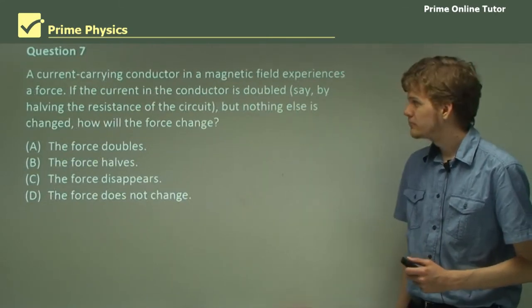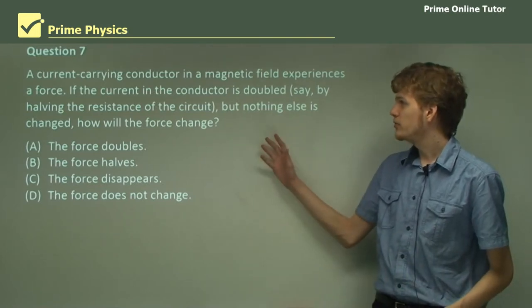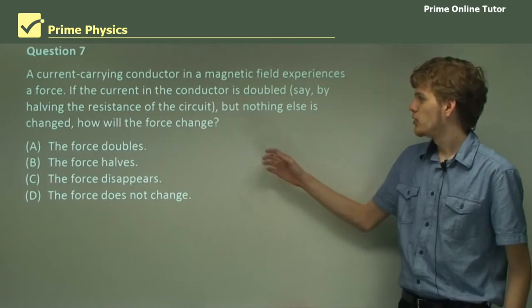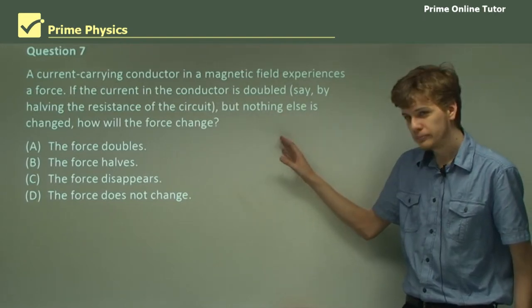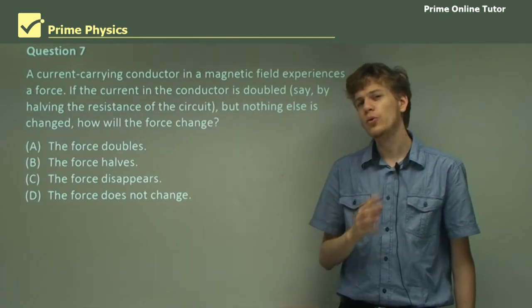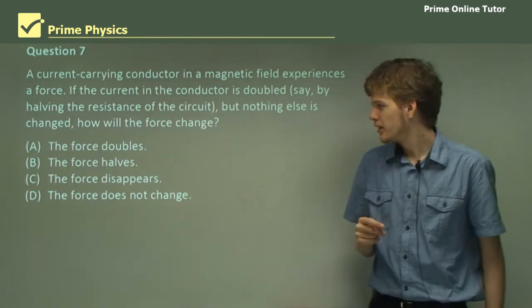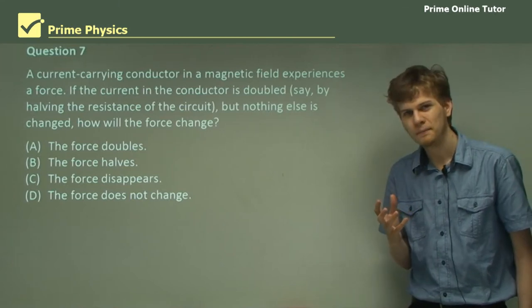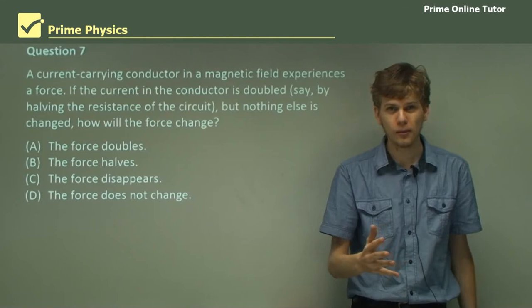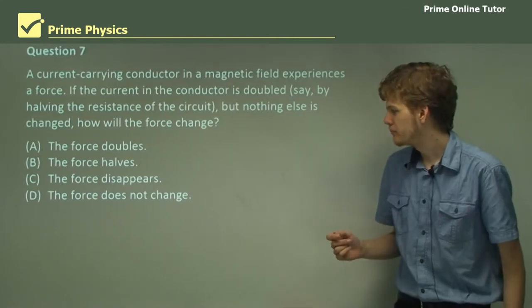Question 7. A current carrying conductor in a magnetic field experiences a force, right? The motor effect. So if the current in the conductor is doubled, but nothing else is changed, how will the force change? So what equation can we use to figure this out? That's right, F equals BIL sine theta, that new one, right?